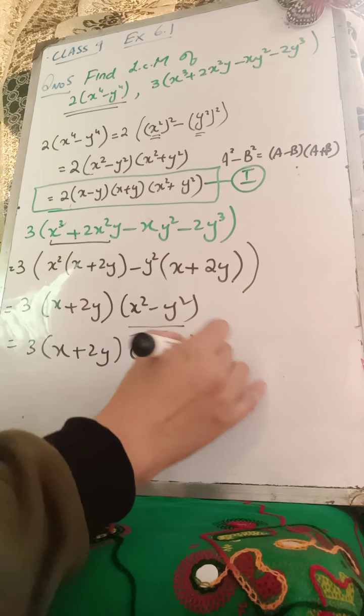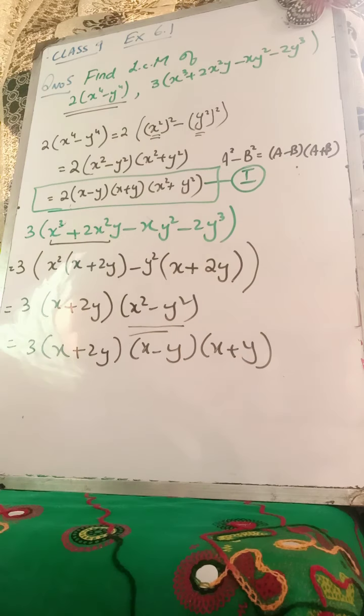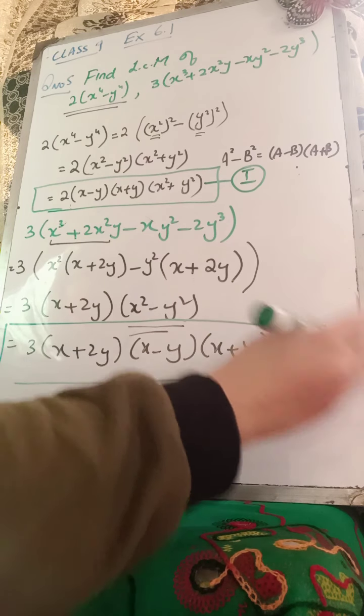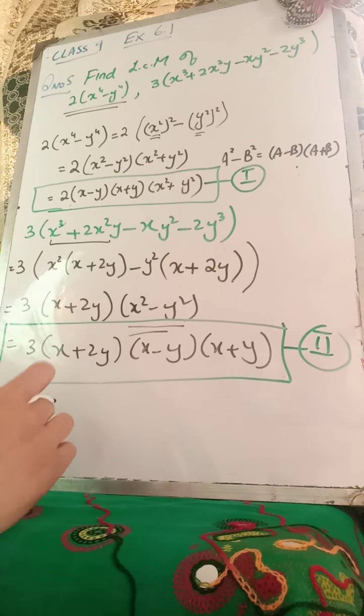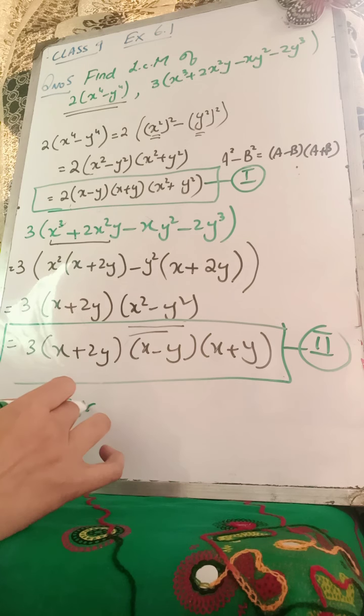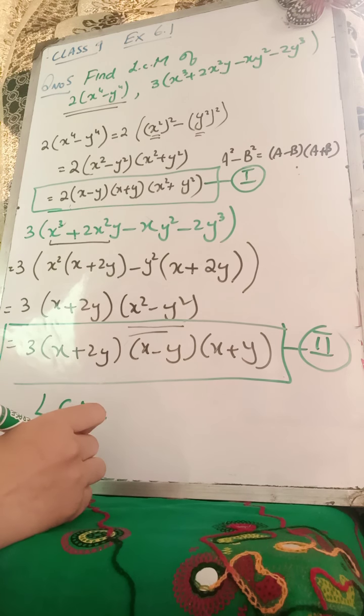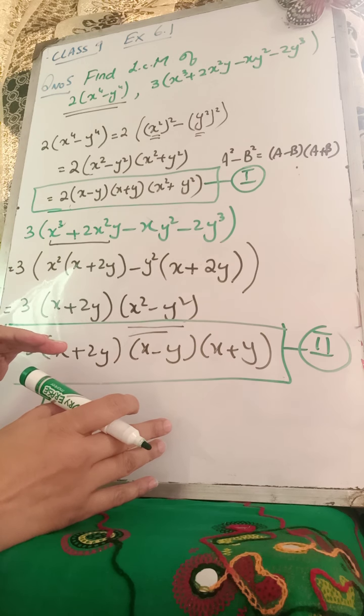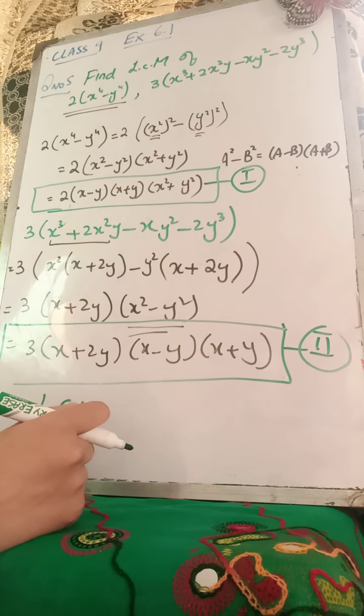So now the next step is to find the LCM. This is the second expression in factorized form. So we have factorized both the expressions. Now it's very simple to find the LCM. As I have explained earlier, you are going to pick all the different factors appearing in these expressions, and then you are going to raise them to their highest power.